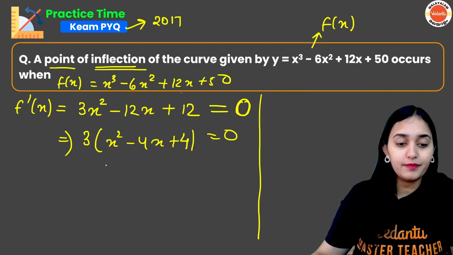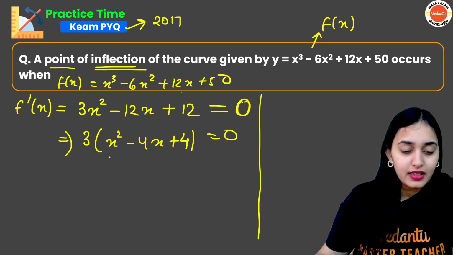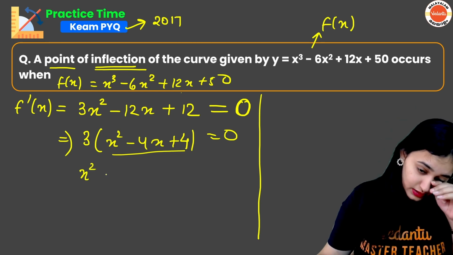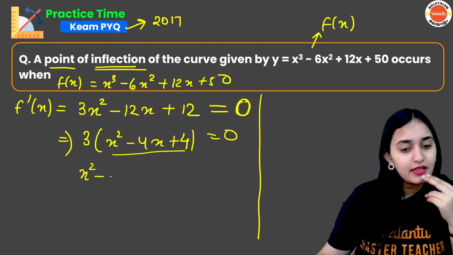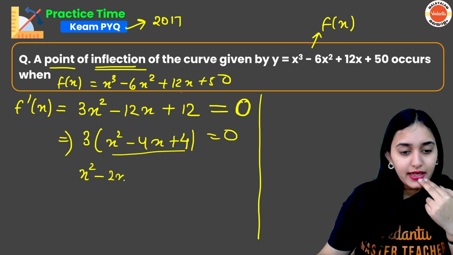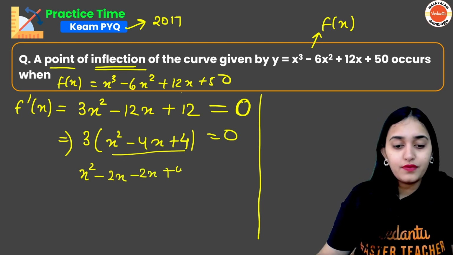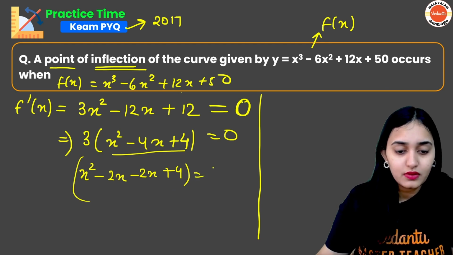Here 4 will come. So if we solve this, I will get x square minus 2x minus 2x plus 4 equals 0.